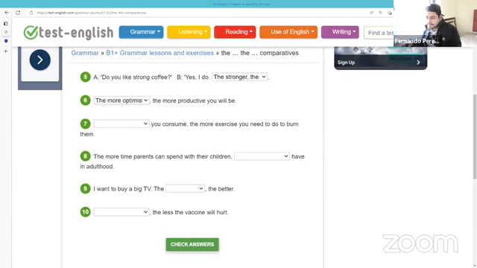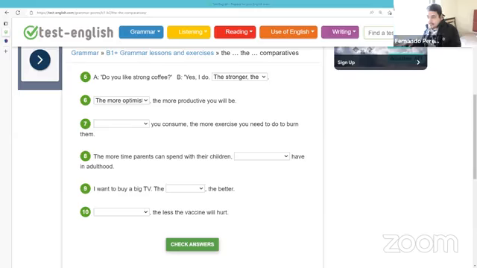Let's go to the next one. Continue. "The space you consume, the more exercise you need to do to burn them." I was thinking the more food. The food is not burned.